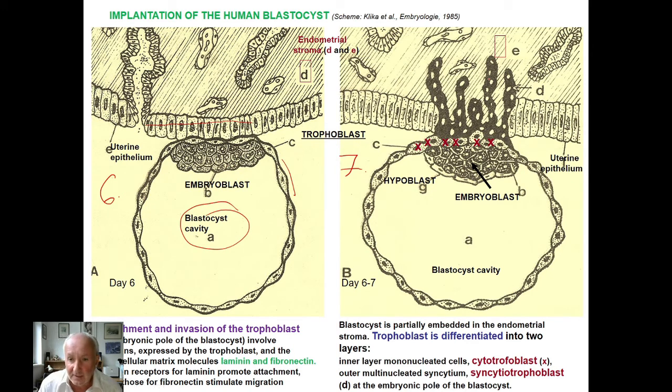And now something new, just starting from the 7th day. Those cells of the trophoblast, at this place where the endometrium is on this pole, are starting intensive mitotic divisions. New and new mitotic figures we see: metaphase, anaphase, telophase in the cells. The cells are intensively dividing.